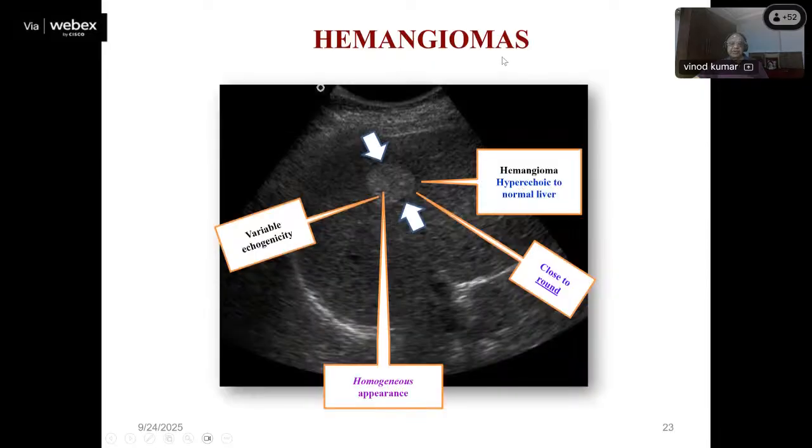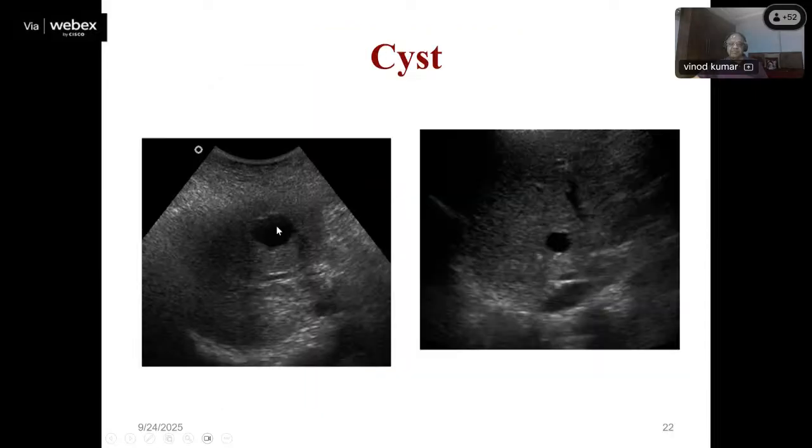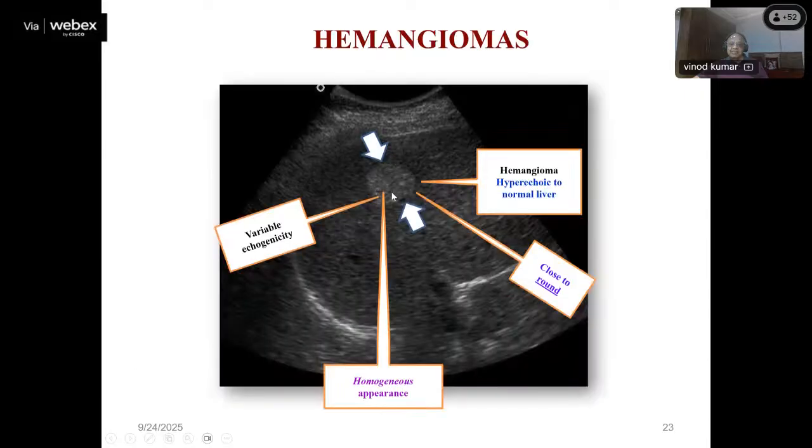Hemangioma is another type of tumor. This is hemangioma. You will see that this has some black and white dots, whereas cyst is completely black. So doctors, by just looking, can tell this is black, this is not black. There are white and black spots. So variable echogenicity.